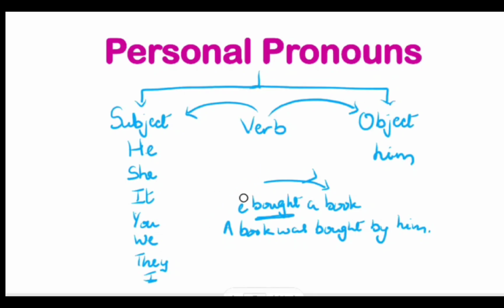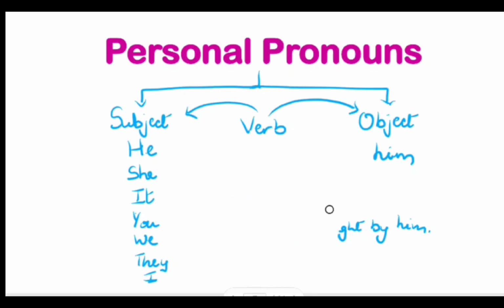Yes? So he becomes him. Let's take this sentence as the base. She bought a book. So a book was bought by her. It, a book was bought by it.